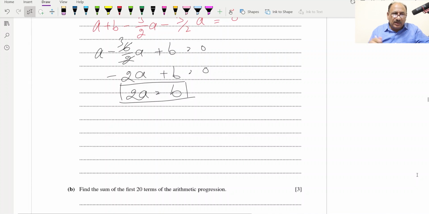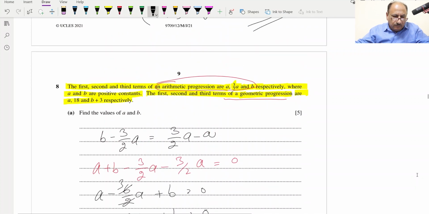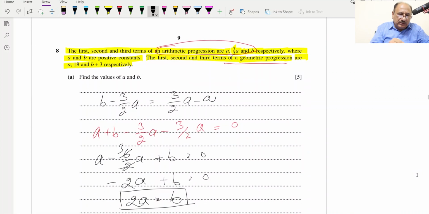Now we can write the equation from the geometric progression: b plus 3 over 18 will be equal to 18 over a.